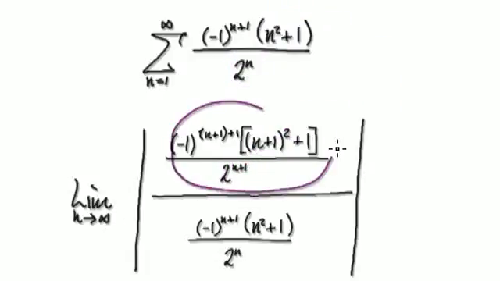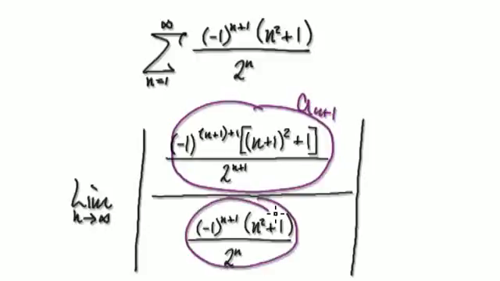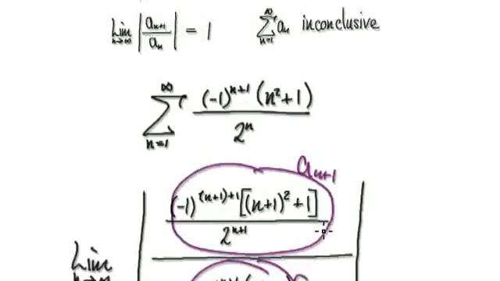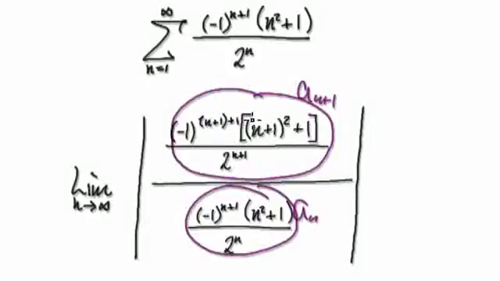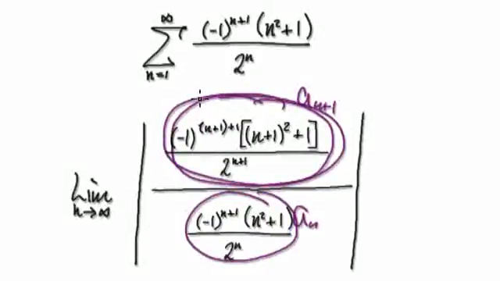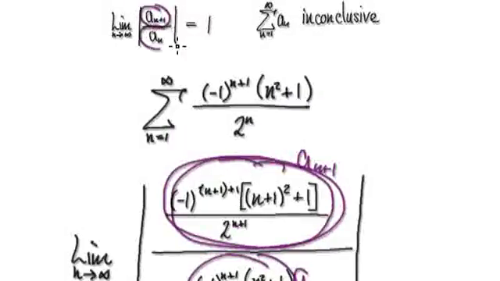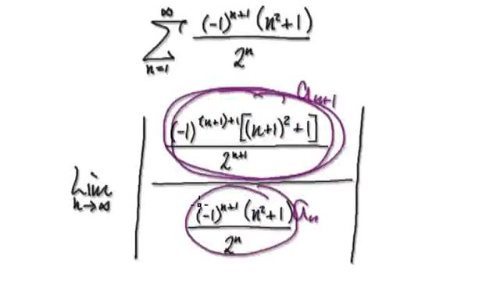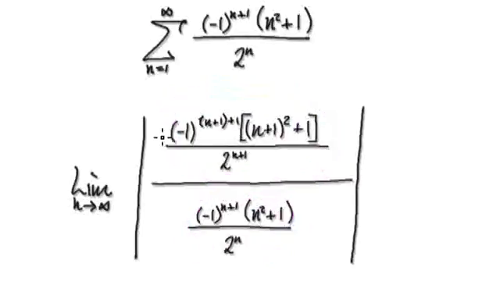So this whole thing here is your a_{n+1}, and then this here is your a_n.